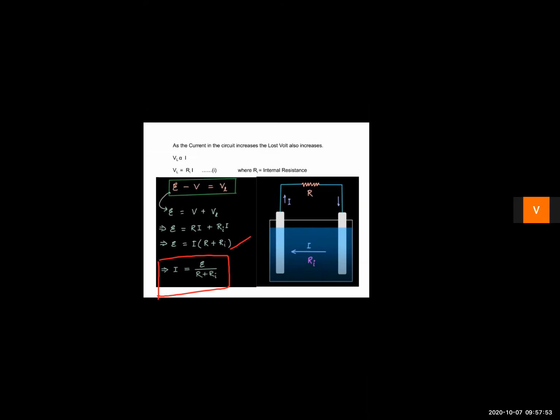So this is the value of current that is going to flow through the circuit when the current is drawn from the circuit. Right, children? So this is the derivation what we did, that is I equals E upon R plus r.